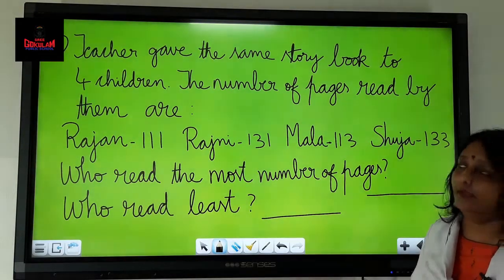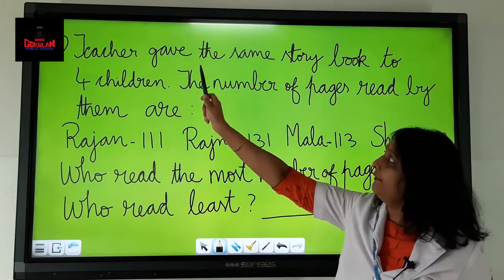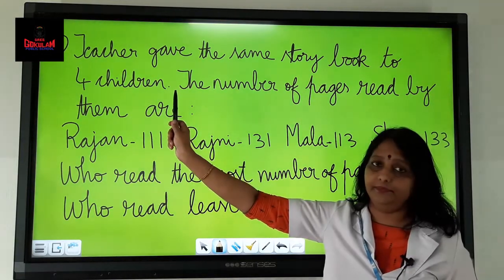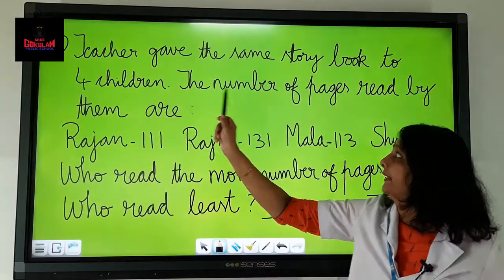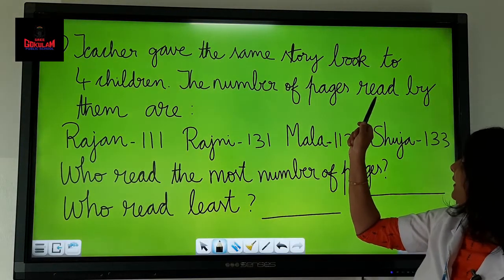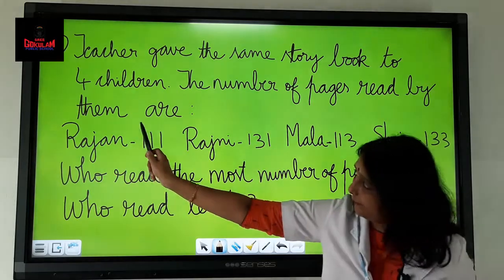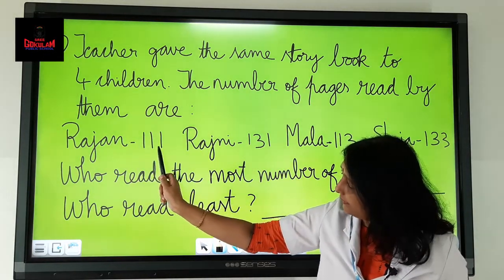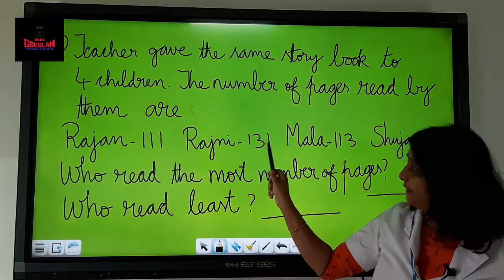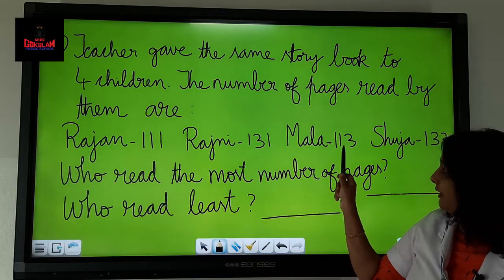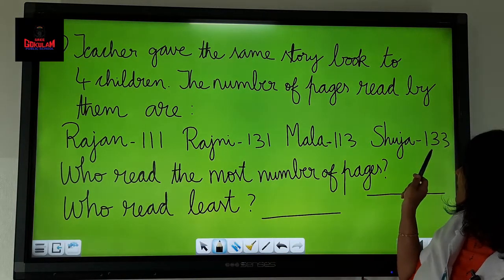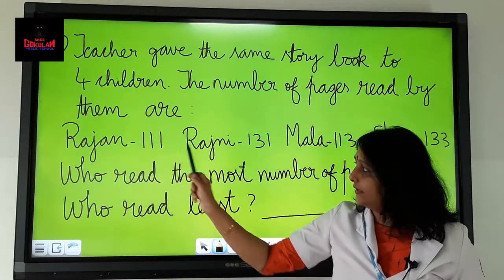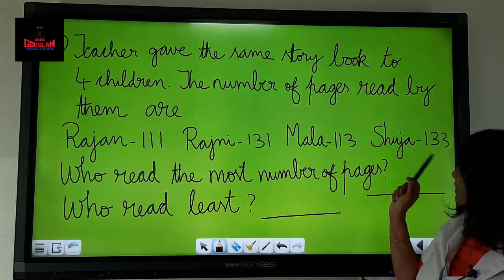Next question. Teacher gave the same storybook to 4 children. The number of pages read by them are Rajan 111, Rajni 131, Mala 113, Shuja 133. So, these are our friends Rajan, Rajni, Mala and Shuja.